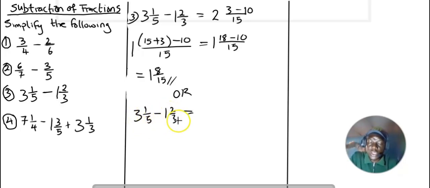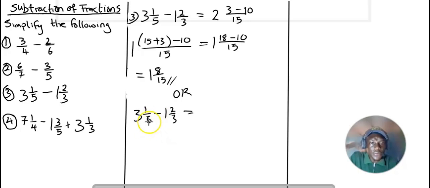Then we can now solve just like we solved the other simple fractions here. So let's go. If you don't know how to convert mixed numbers to improper fraction, please, I would advise you visit my other video where I explained it, I dissected it in a way that you understand it better. So click on the link at the top right corner of this video to go and watch that.